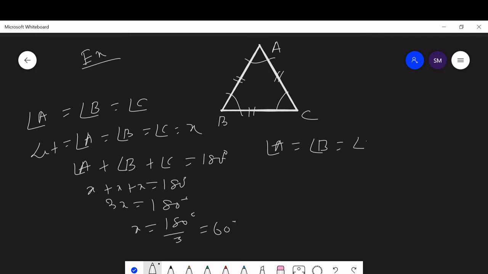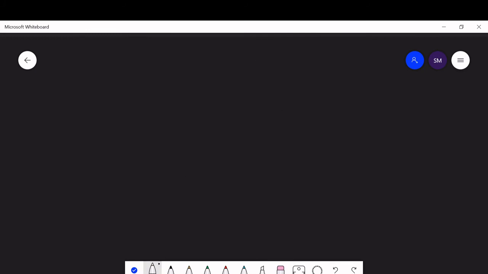Measure of angle A is equal to measure of angle B is equal to measure of angle C is equal to 60 degrees. Then let us see another example. Here the example is based on the properties of an isosceles triangle and the exterior angle property.